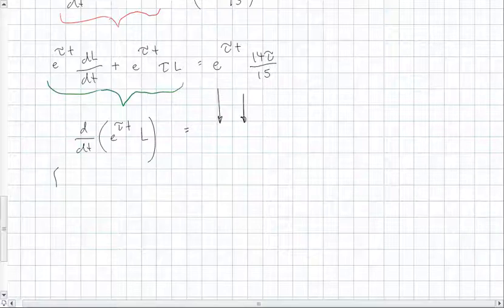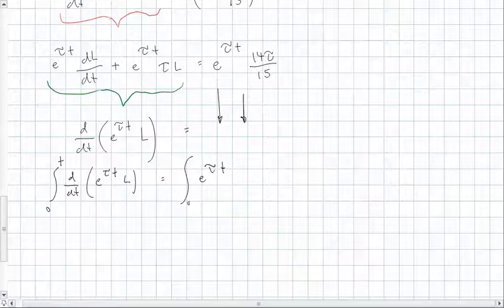We'll integrate from 0 to t of this function. Then it would be the integral from 0 to t of e^(tau t) 14 tau over 15 dt.